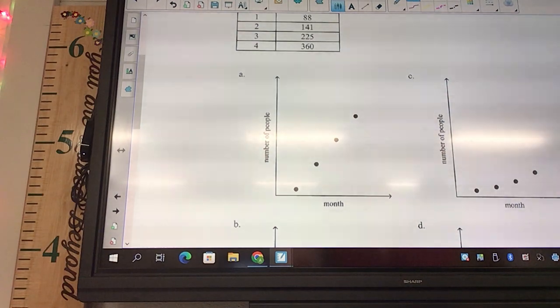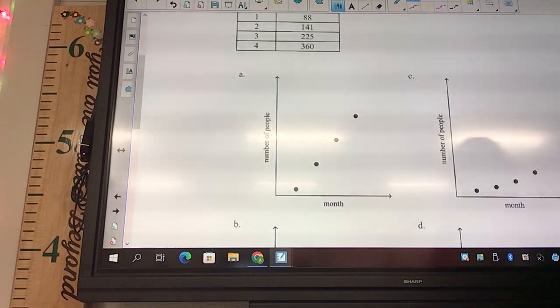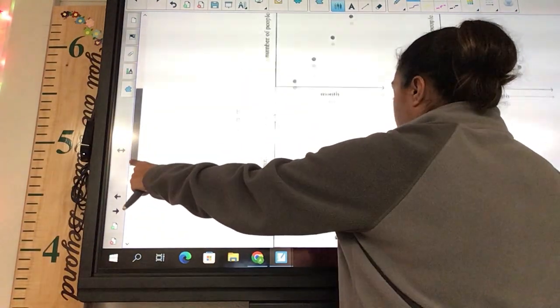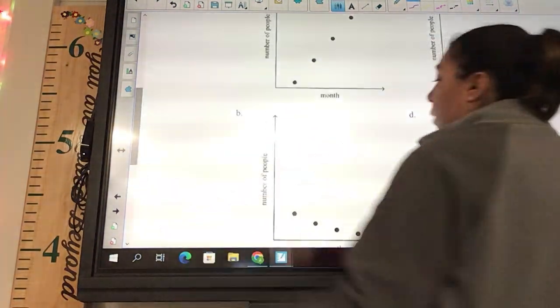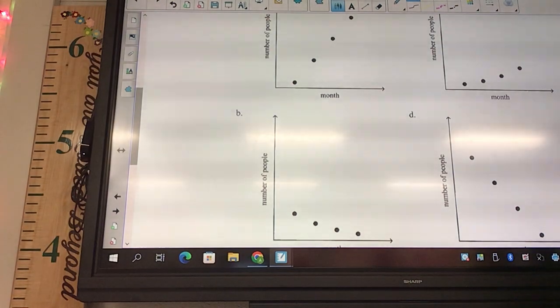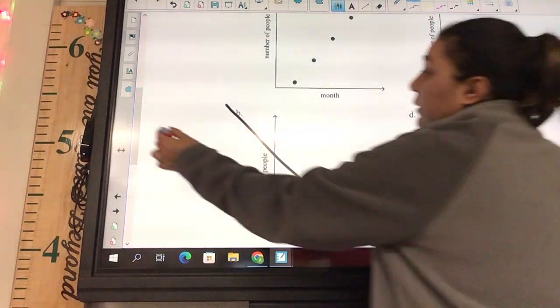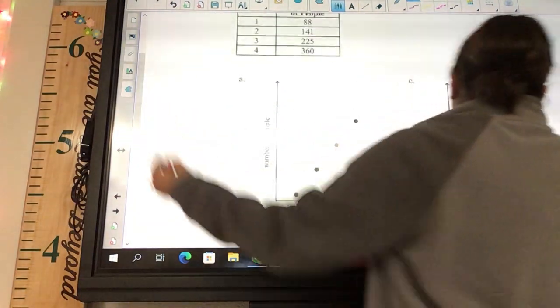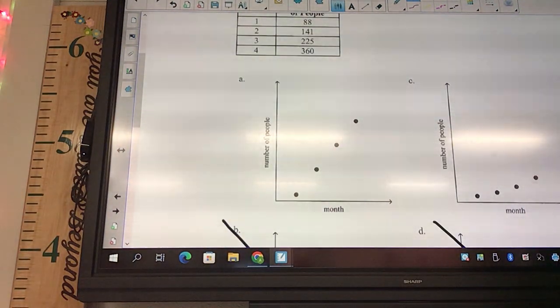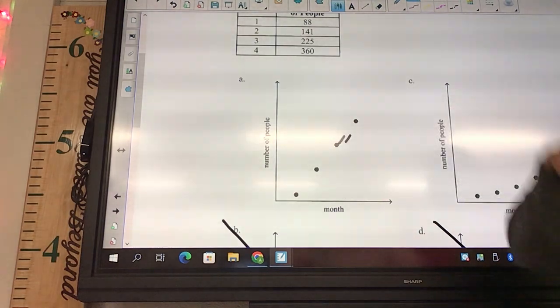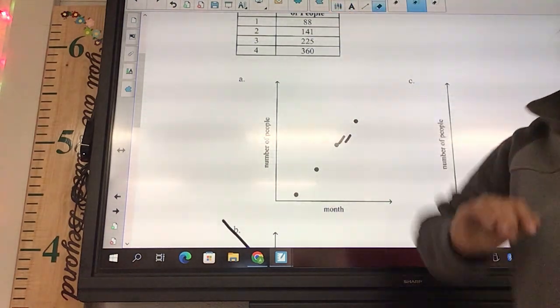More. Third month? More. Fourth month? More. So should this graph be going up or down? Up. So what can I eliminate? B and D for sure. Now, is it increasing gradually or by a lot? By a lot.